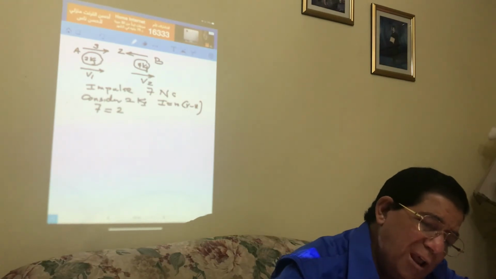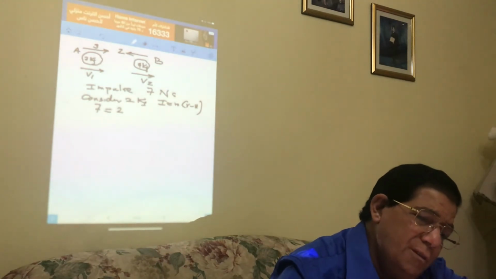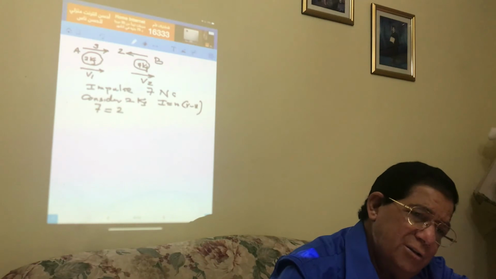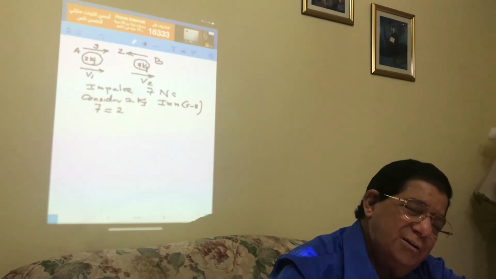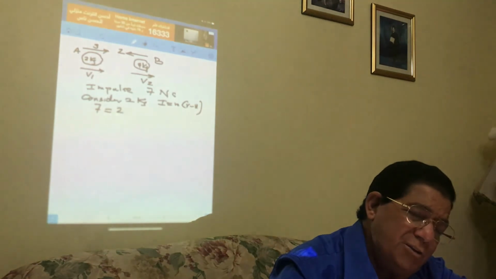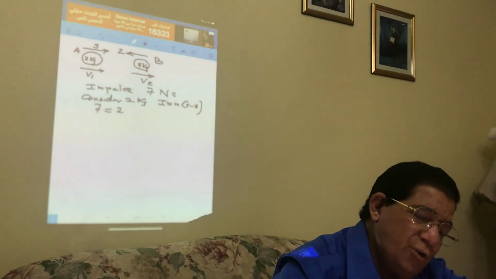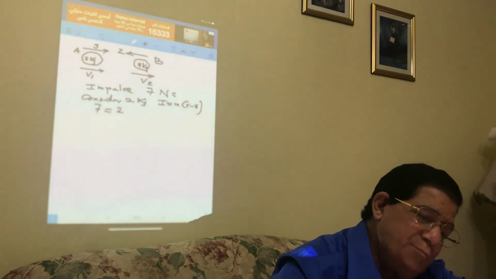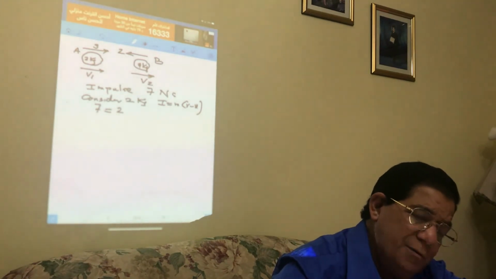Since the one on the left is hitting, its velocity is reduced, which means V1 must be less than 3.